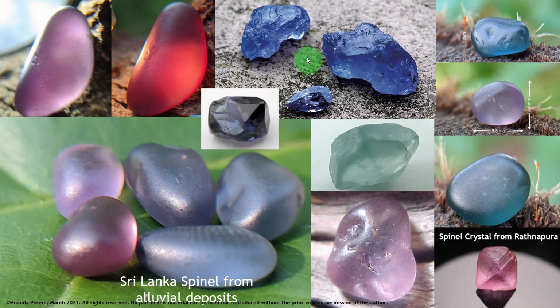And here, see the spinel crystal from Ratnapura, octahedron, and the triangular etch marks also there. Those are pebbles. All are very easy to identify with the skin appearance and the color.